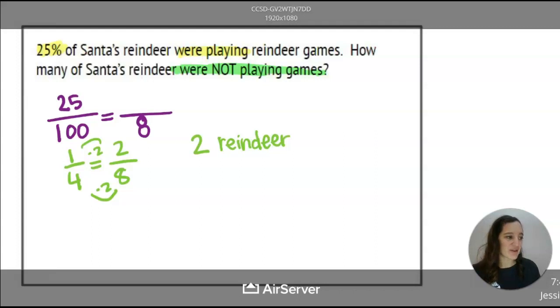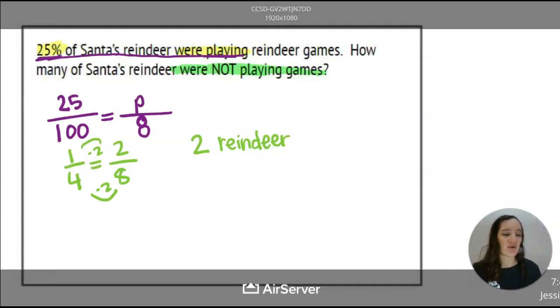So what you could do is, right here where you have the unknown, put a variable there. And it says that 25% of Santa's reindeer were playing reindeer games. So maybe I'll put a P there, and that stands for the 25% that were playing.